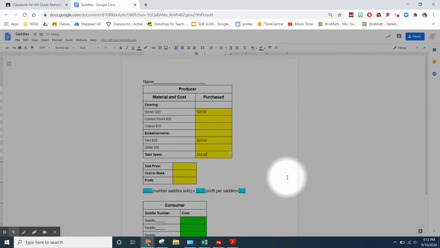So you spent a total of $50. If you chose colored pencils, you'd type in $20 for colored pencils, and again, you can't do glitter with colored pencils. You do $25 for your yarn.